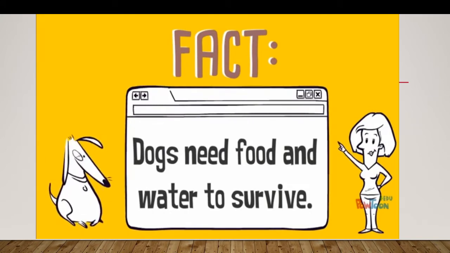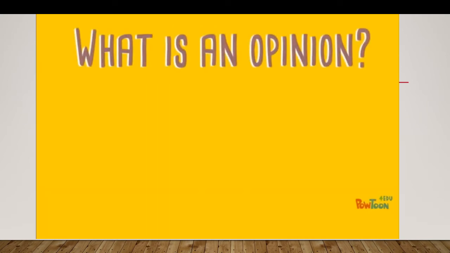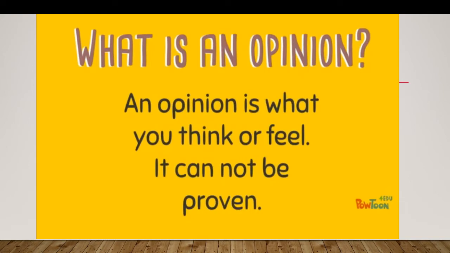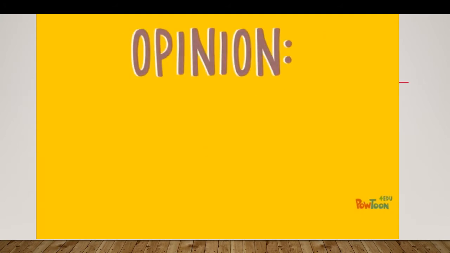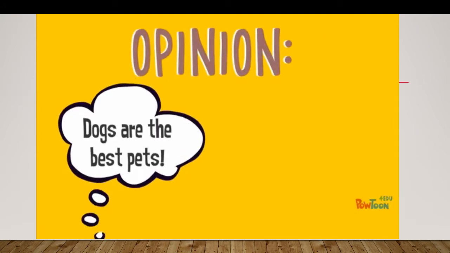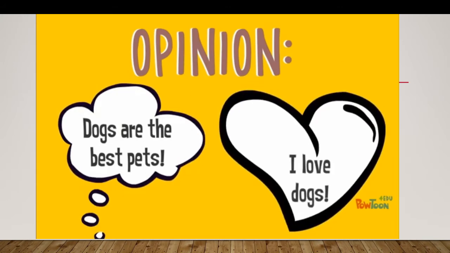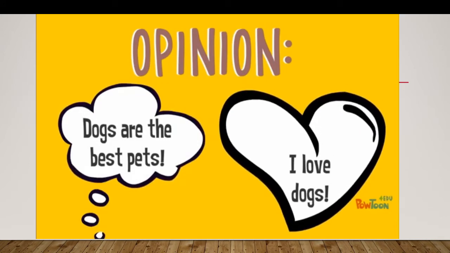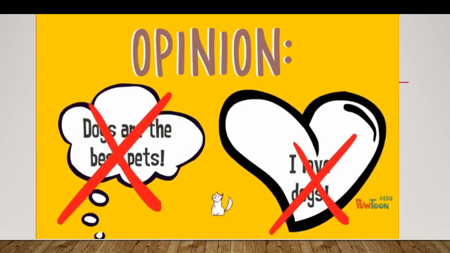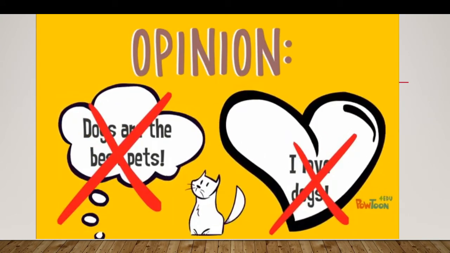You could find this information in a book or on the internet. What is an opinion? An opinion is what you think or feel. It cannot be proven. Here's an example of an opinion. Dogs are the best pets. That's what I think. I love dogs. That's how I feel. But these are just my opinions because someone could say, no way, cats are the best pets.